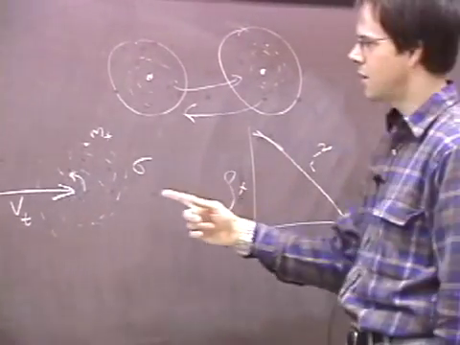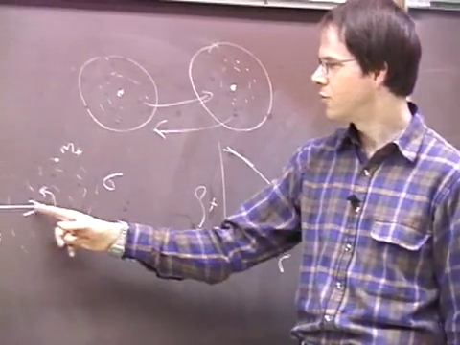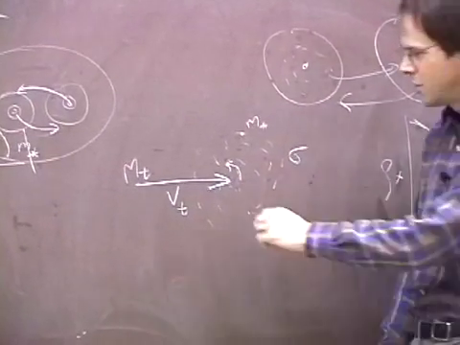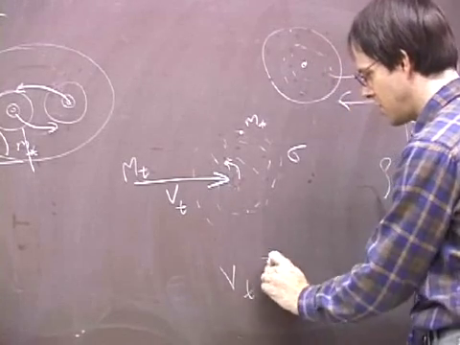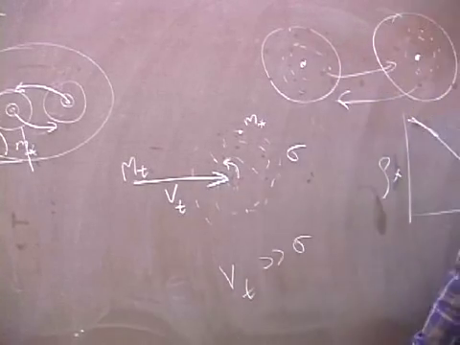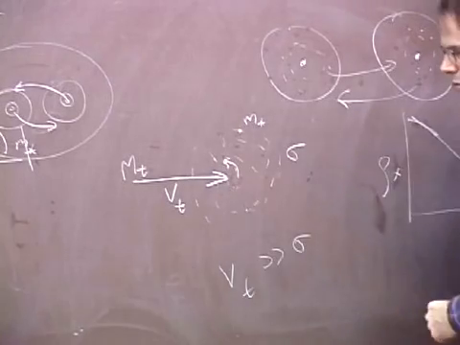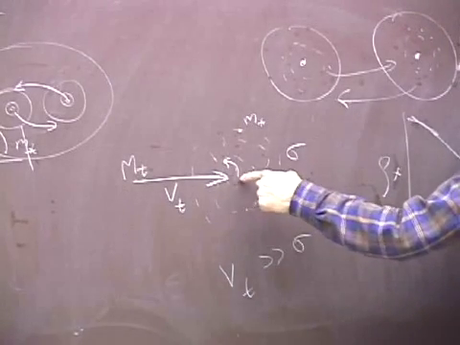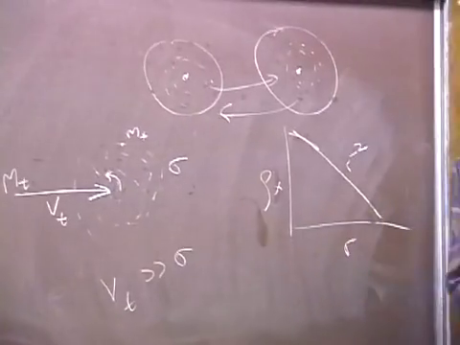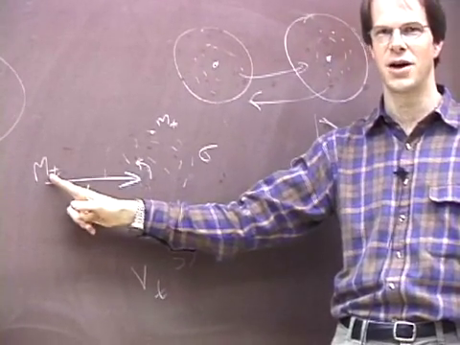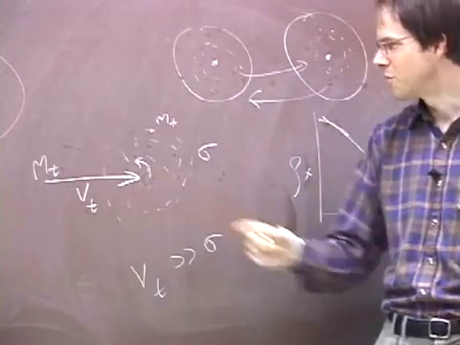But we can also ask how much energy has been imparted to this little test star in that collision. And let's assume that VT is much larger than sigma. Then what happens in the typical collision is that this little star, which let's imagine the collision is viewed from the rest frame of this heavy mass, so its velocity doesn't change very much.